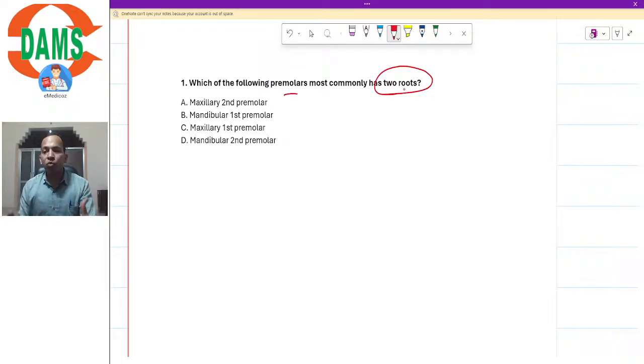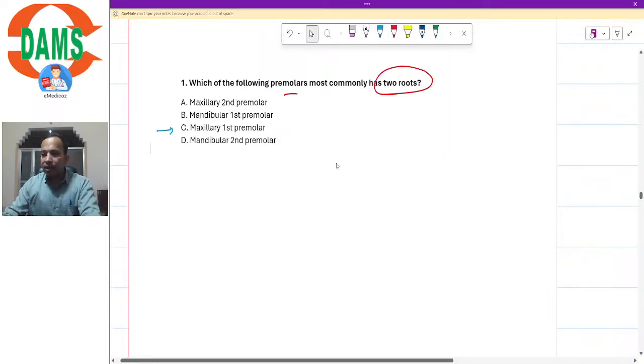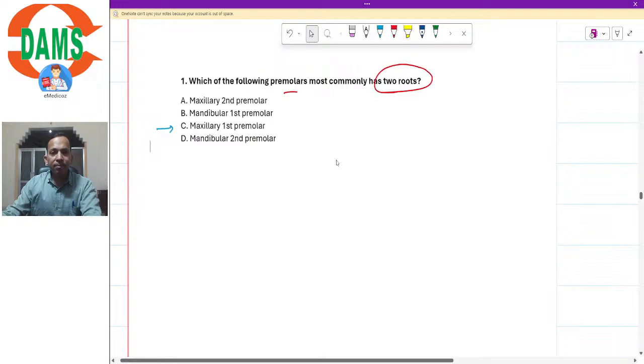We already know that the maximum chances of 2 roots are in the maxillary first premolar. अभी हमने डिस्कस किया है. So maxillary first premolar, that is option C, is the correct answer, because in almost 46% cases it has 2 roots, right? Is it clear? Do you have any doubts?